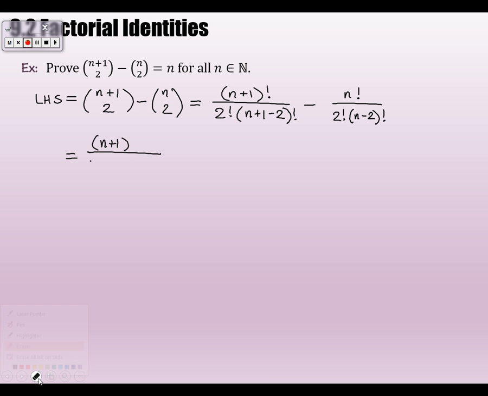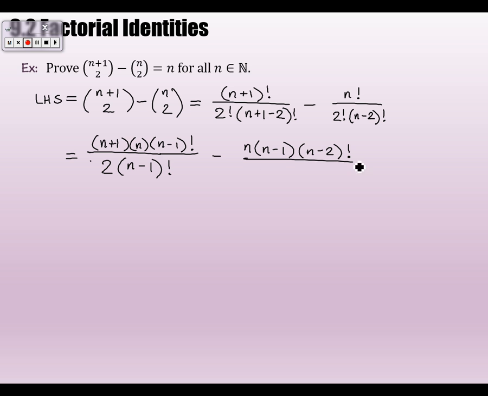(n plus 1) factorial is (n plus 1) times n times (n minus 1) factorial, and we can stop whenever we like. Why am I stopping there? Because on the bottom we have (n minus 1) factorial. And on the top, over here, how far do we want to extend? Well, we get n times (n minus 1) times (n minus 2) factorial.